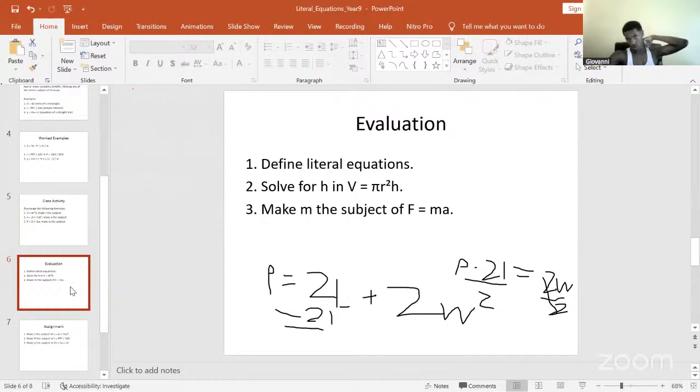So we already know what literal equations are all about. Tell me the answer for number 2 without even solving it on the screen. Just tell me the answer.